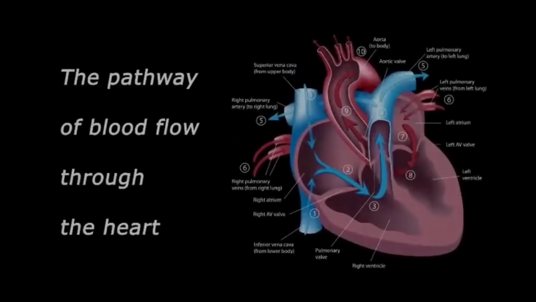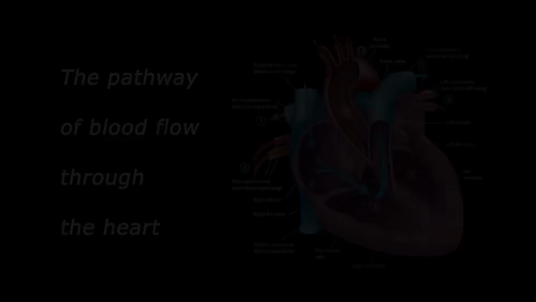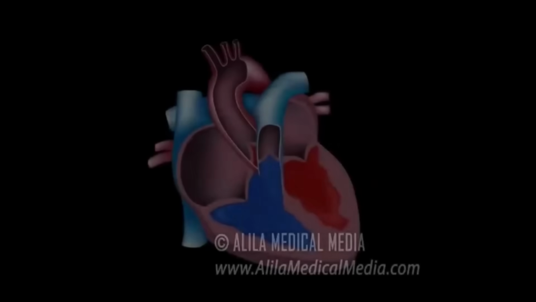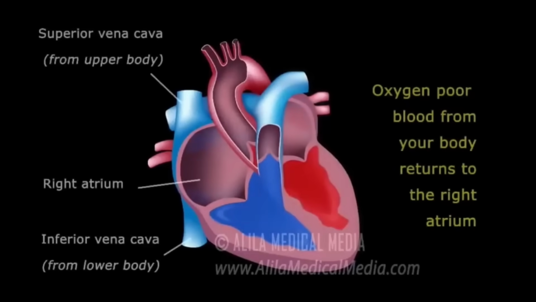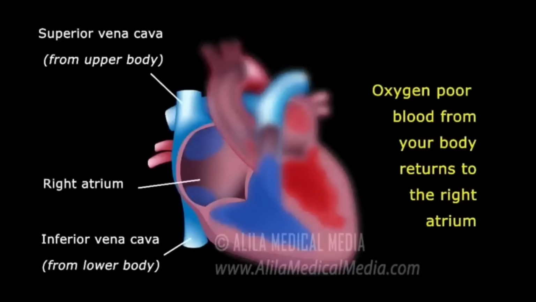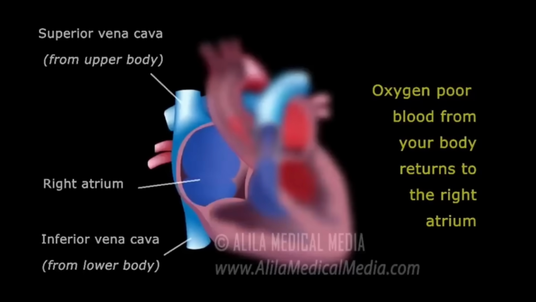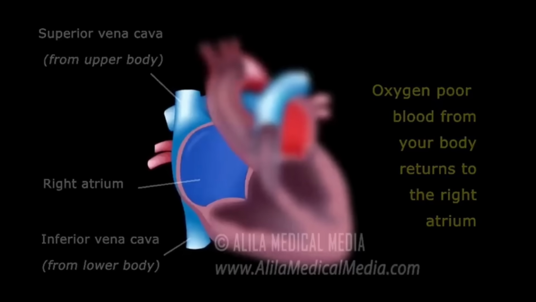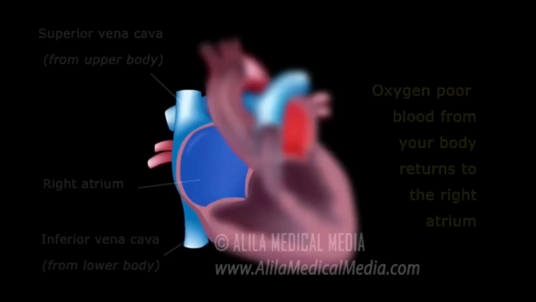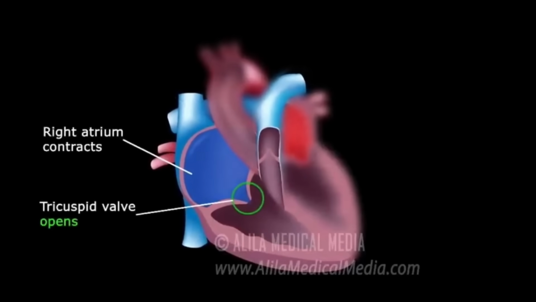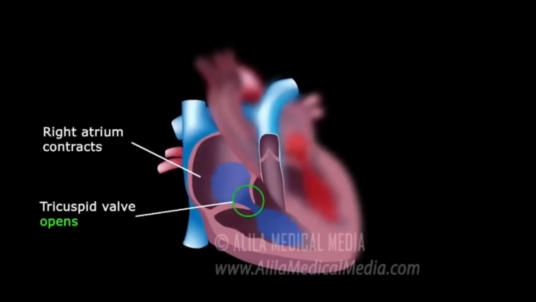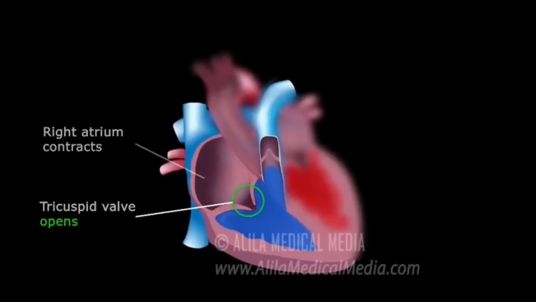The pathway of blood flow through the heart. Oxygen-poor blood from your body returns to the right atrium of the heart. Blood from your upper body returns through the superior vena cava. Blood from the lower body returns through the inferior vena cava. As the right atrium is filled with blood, it contracts, the tricuspid valve opens, and blood is pumped into the right ventricle of your heart.